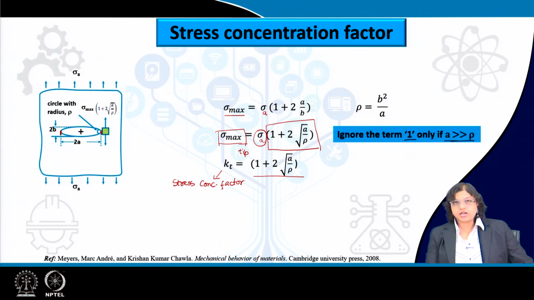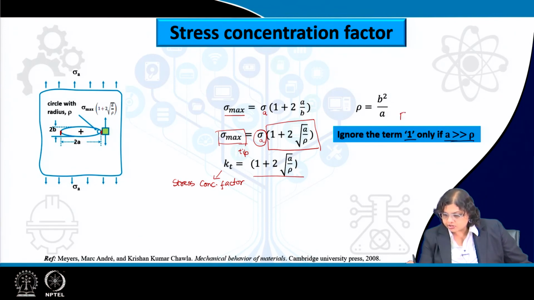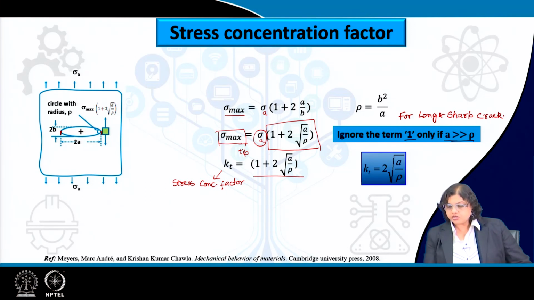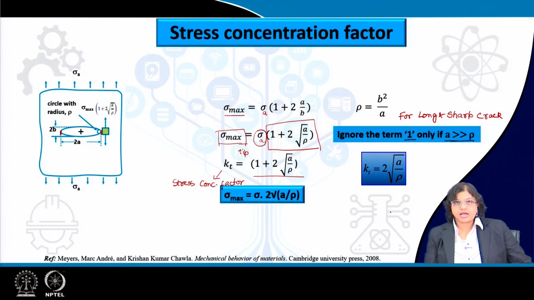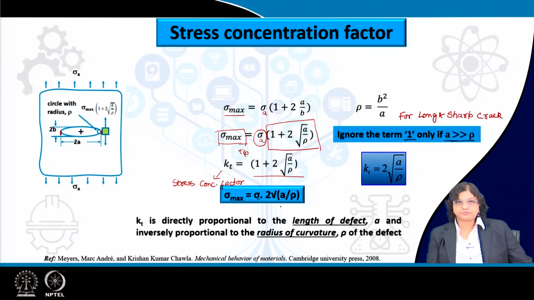So, for very long and sharp crack, we ignore this one term. So, this is valid for a long and sharp crack or notch. For that case Kt is given by 2 root over A by rho, and hence the relation will be simplified as sigma max equals sigma applied times 2 root over A by rho.